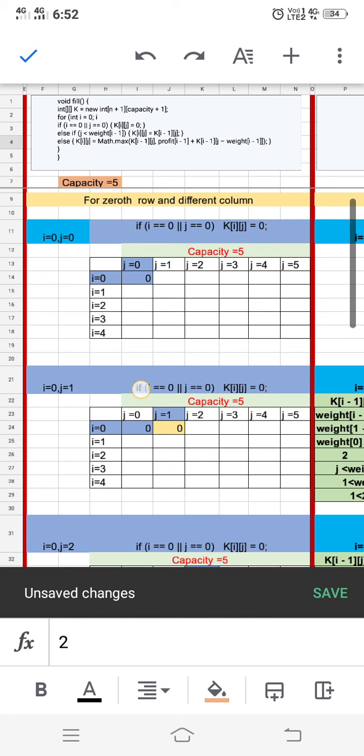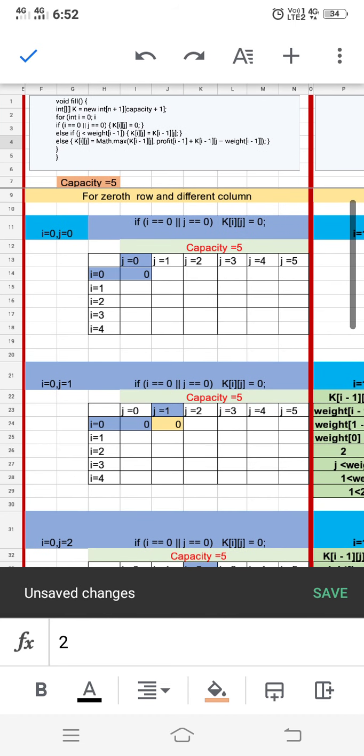The column values are represented with j, which represents the capacity. So for i is equal to 1 and j is equal to 2, I can fill up the value 3 directly.